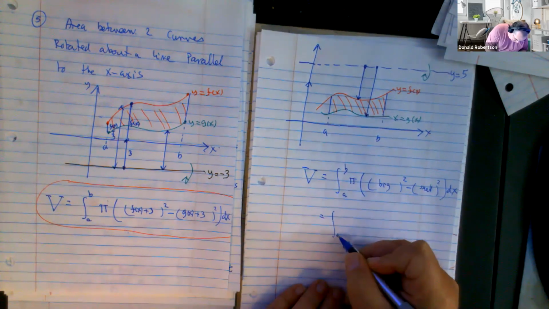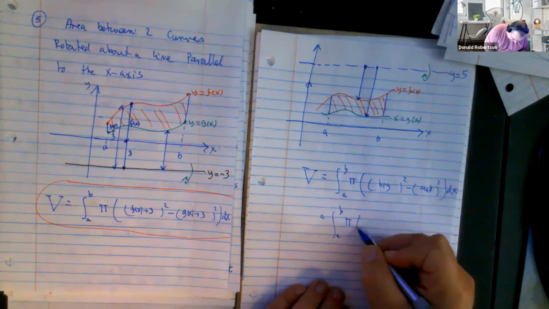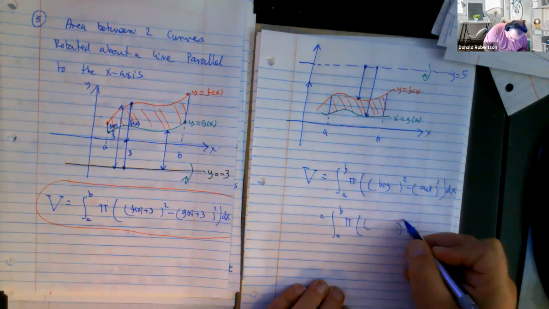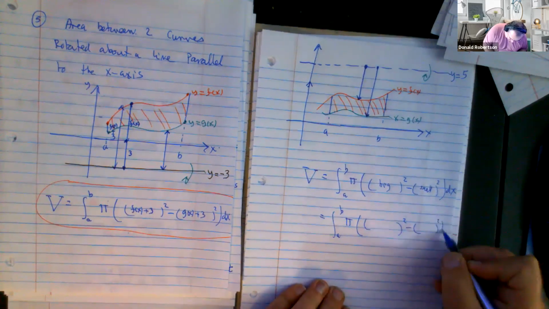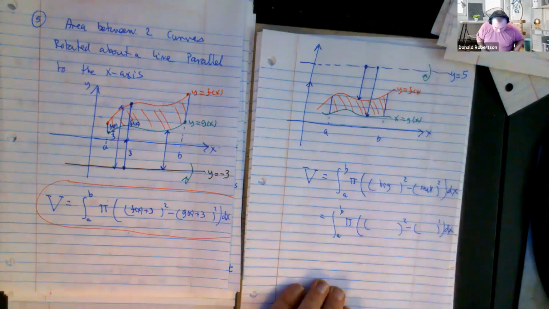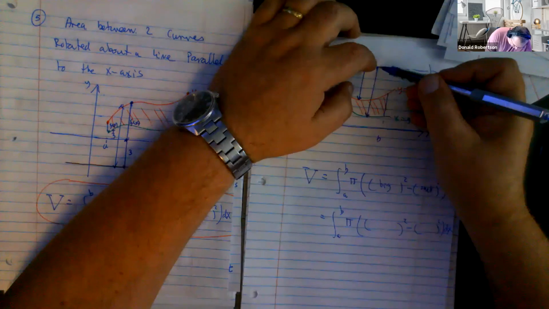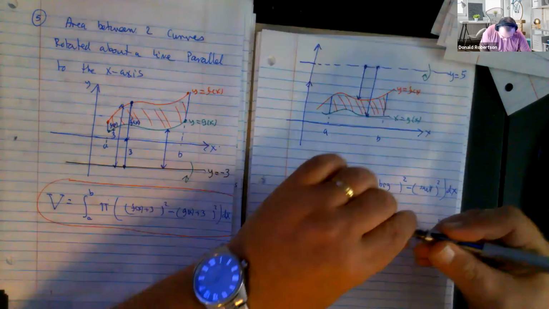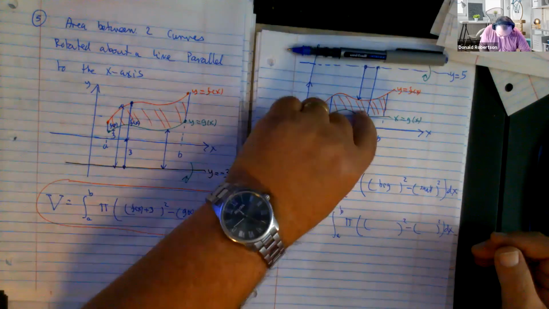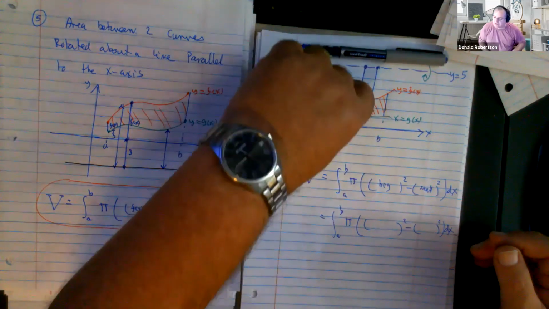So we have to find the length of the big guy and then square it, and the length of the little guy and square it. In terms of x, if you wanted to find the distance from here to here, wouldn't it be 5 take away g of x and 5 take away f of x?